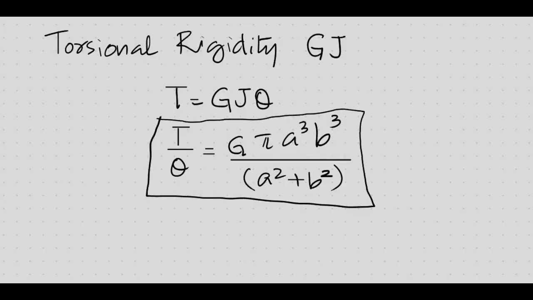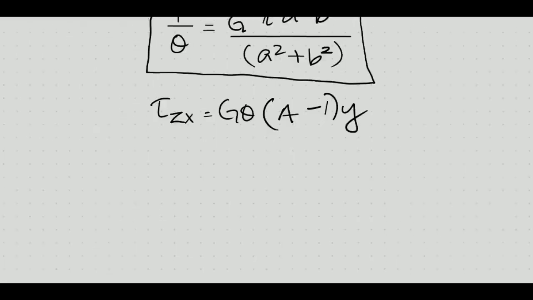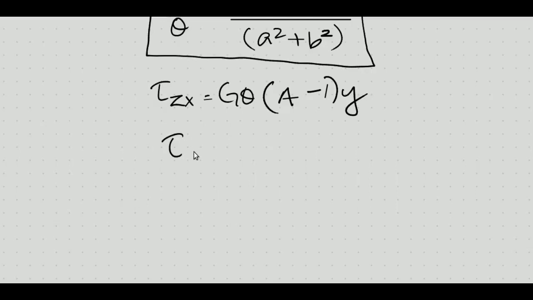This will give this. Now we are going to find out the shear stresses. We have already written the equations for shear stresses: tau zx is equal to G theta into (a minus 1) into y, and tau yz is equal to G theta into (a plus 1) into x.